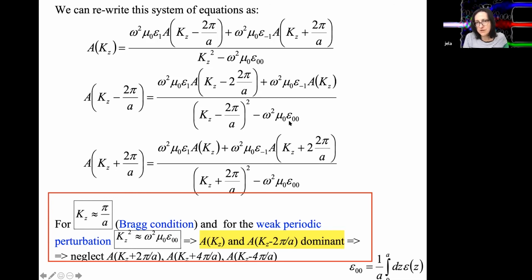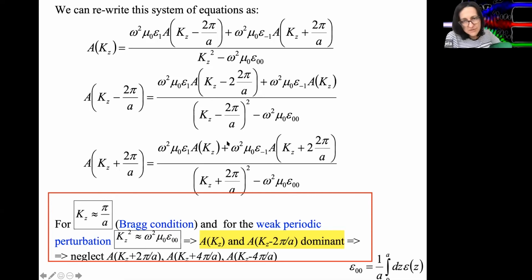So the denominator is again very small, which means that a of k minus 2 pi over a is also very large. But in the third expression, you have k, which is around pi over a, so this whole thing is around 3 pi over a. But the second number is around pi over a squared, right? So this here is not going to be 0, which means that a of k plus 2 pi over a is not as large as a of k and a of k minus 2 pi over a, right?